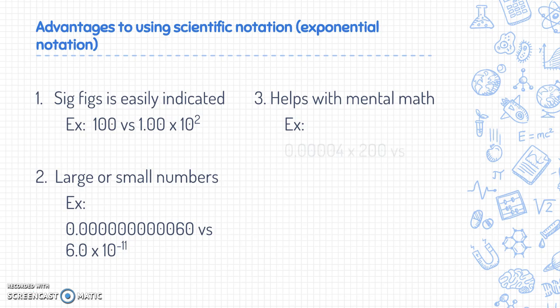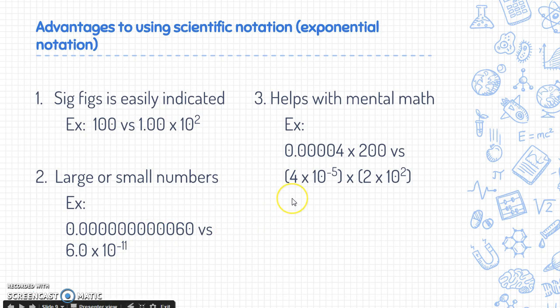And as a review, when you look at 0.00004 times 200, I don't know if I could do that. You're going to try and keep track of your decimal places, but it looks a little difficult. But if you put it in scientific notation, 4 times 10 to the negative fifth times 2 times 10 to the second, now we can remember our rules for multiplying and dividing in scientific notation.